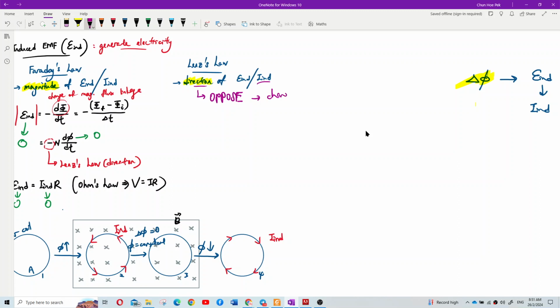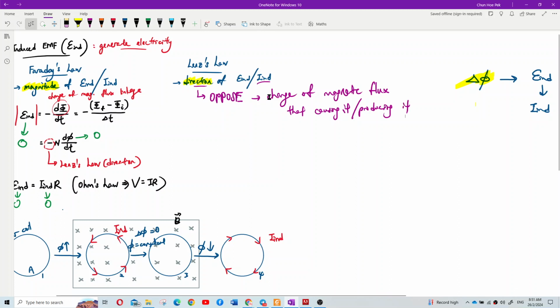Oppose the change of magnetic flux that is causing or producing it. Why do we say change of flux that is producing it? Producing what? Producing the induced current or induced EMF.